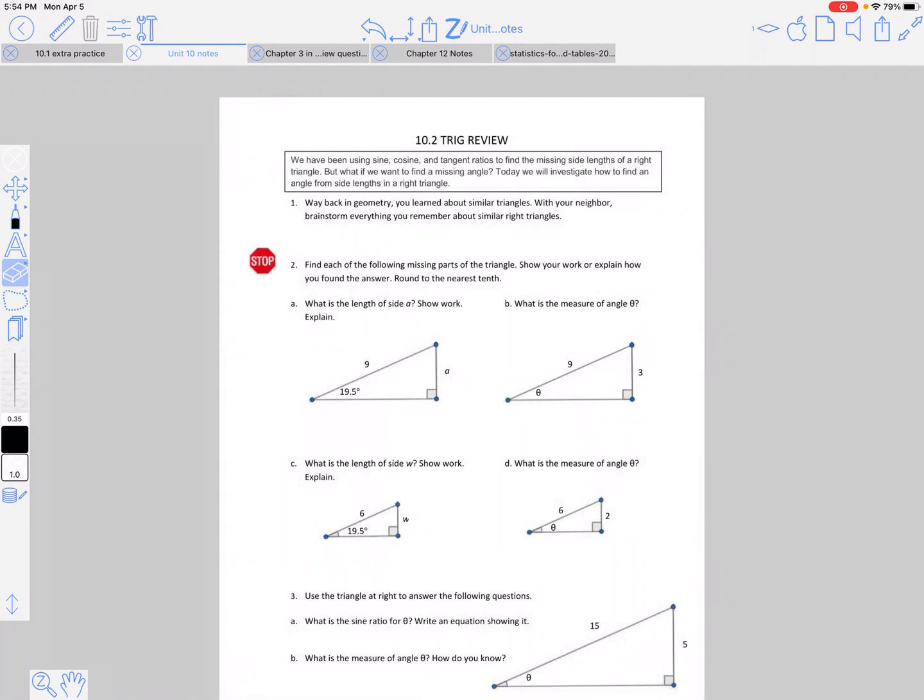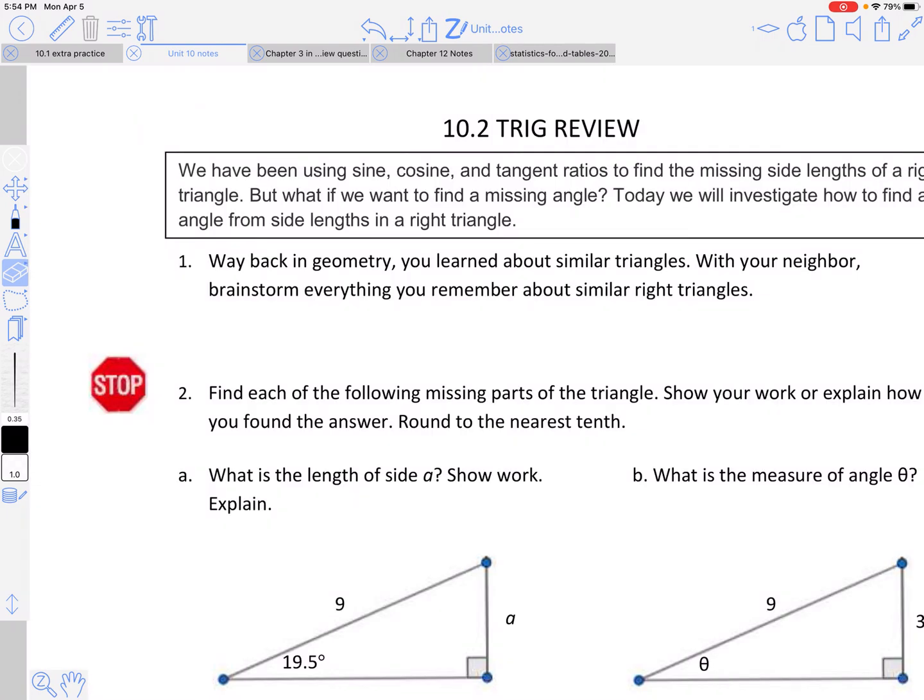But one thing that is really important that you remember, and you're supposed to learn this in secondary 1 and secondary 2, is corresponding angles are congruent.